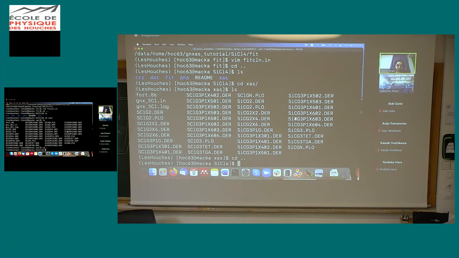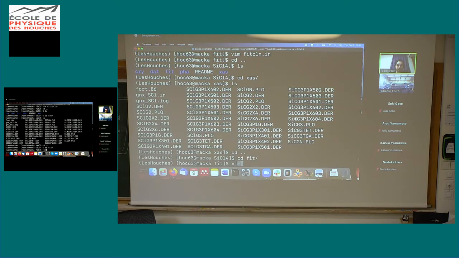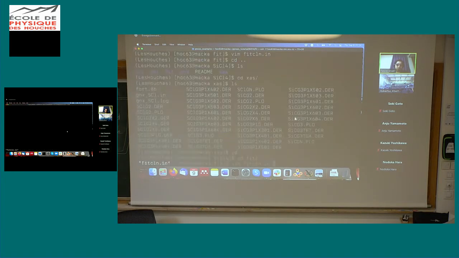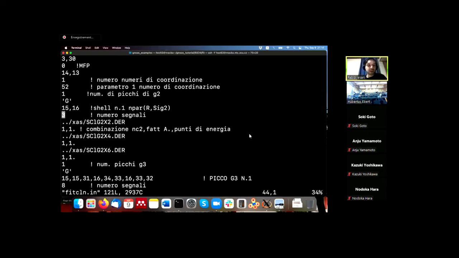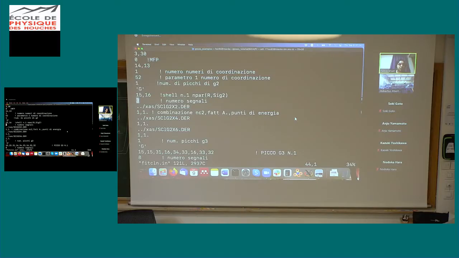Let me go back to. So in this case, we use the single multiple scattering expansion.